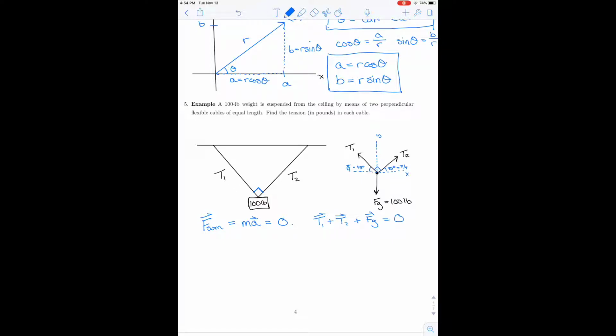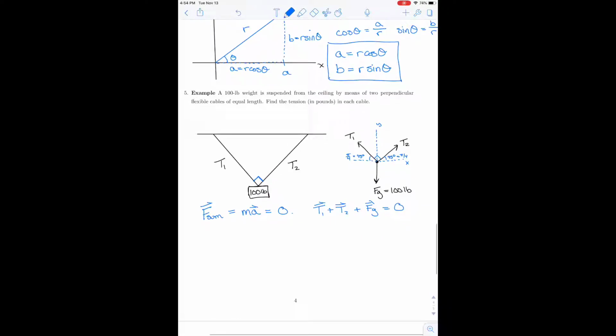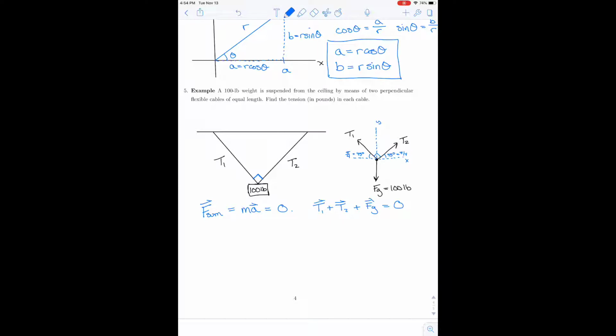What we're going to do is look at the x component for these vectors, and the y component for these vectors separately in order to figure out the amount of tension T1 and T2.